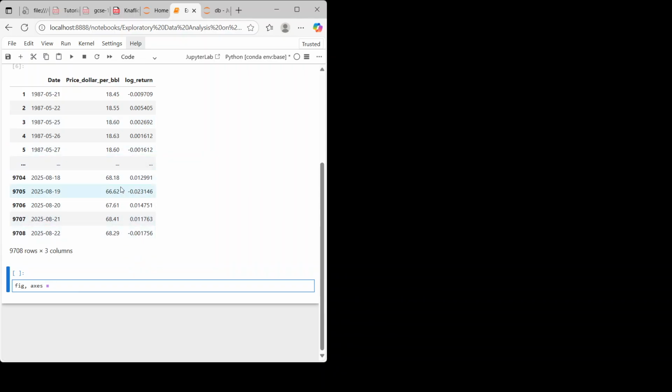We are going to create two charts: one with the prices and another with the log returns. The prices will give us a linear relationship between the years and the prices. Then the other chart will show the relationship between the years and the log returns. This gives us the percentage change, while the first gives us the real figure itself.